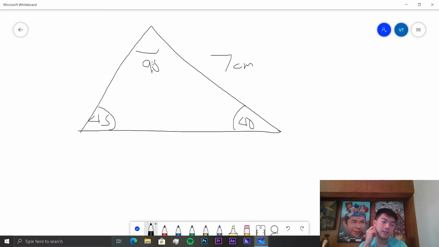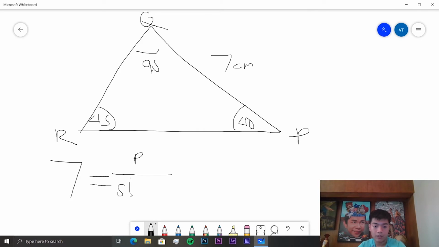Okay, so now we can use the sine rule. We have a over sine A, which is 7 over sine 45. So 7 over sine 45 is the ratio between all of these. Let's label this R, P, and Q. So 7 over sine 45 is equal to P over sine 40 is equal to Q over sine 95.